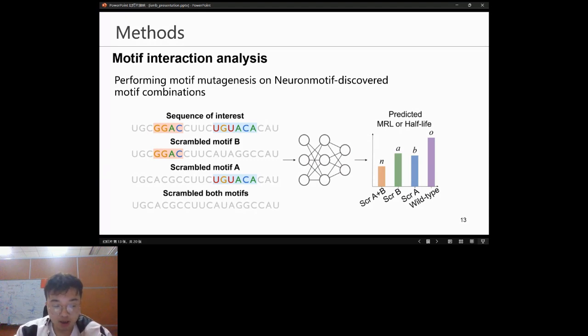Within a sequence, we represent model predictions as lowercase o for the intact sequence containing both motif A and motif B, lowercase b for motif A scrambled, lowercase a for motif B scrambled, and lowercase n for the sequence with both motif A and motif B scrambled. Then we conduct a Wilcoxon signed-rank test on the paired values for all instances of a motif pair and obtain the interaction type.